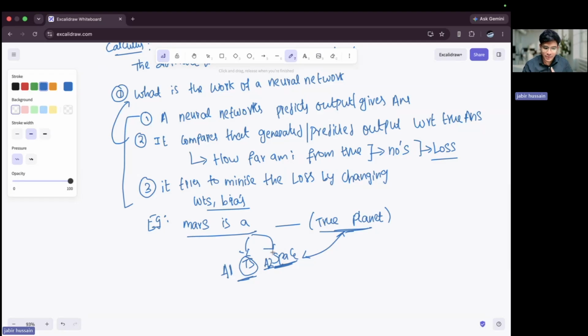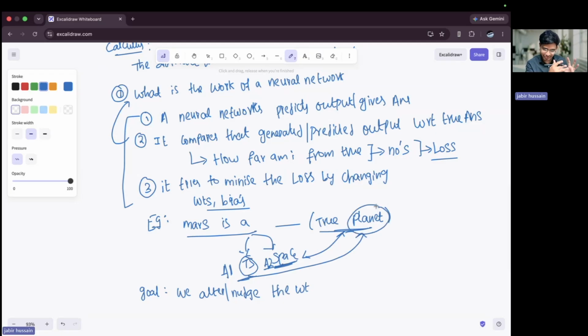And our goal in this entire lecture is to minimize the gap. I have told you, we nudge the weights to minimize this answer, to go from Taylor Swift to planet.